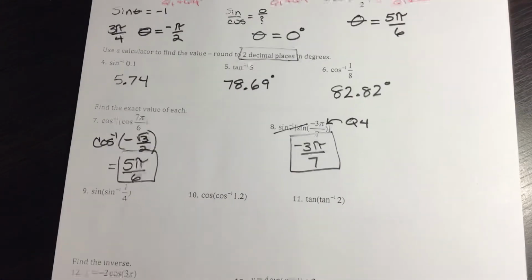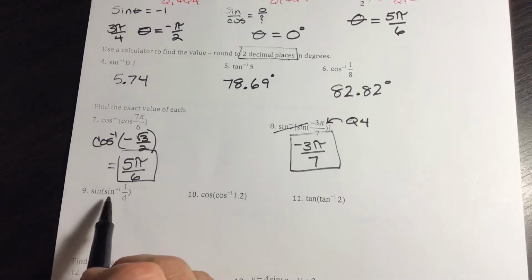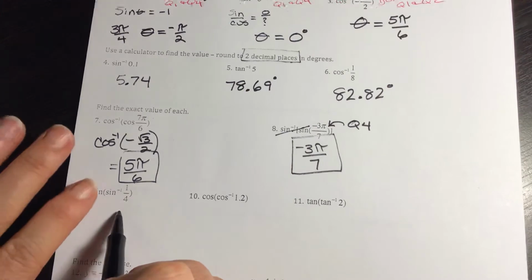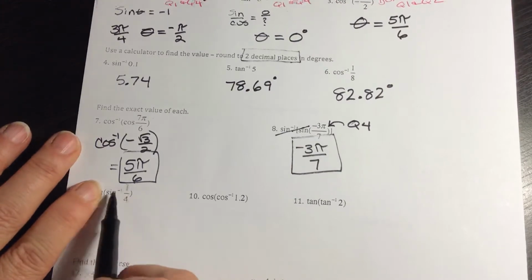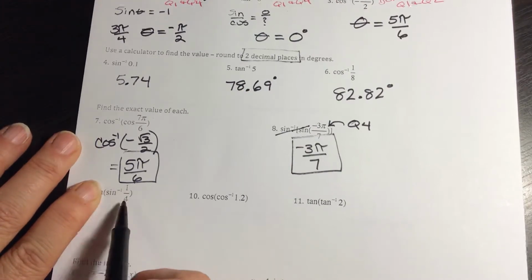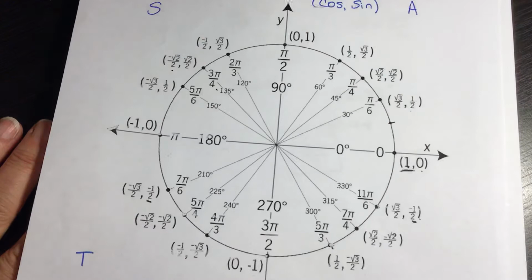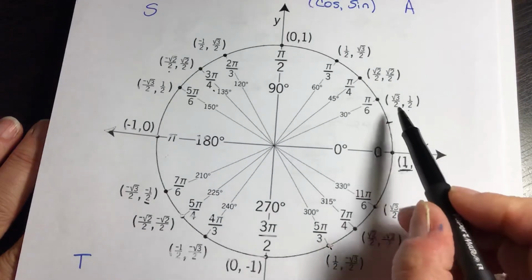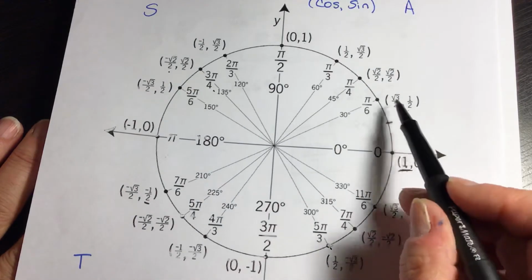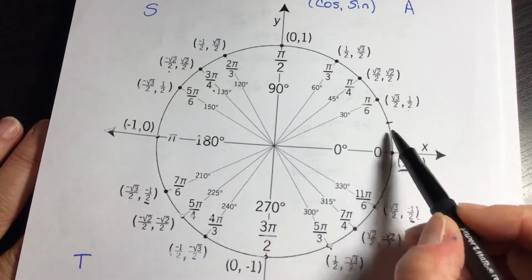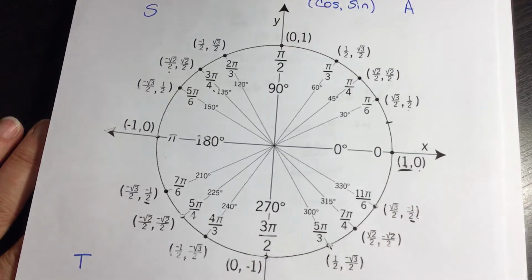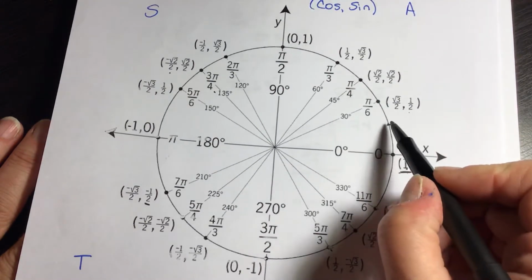Number 9. I have sine of inverse sine of 1/4. So again, I'm going to look to see where 1/4 would be on my unit circle. 1/4 is not on my unit circle, but it would be somewhere in here, which is in quadrant 1.